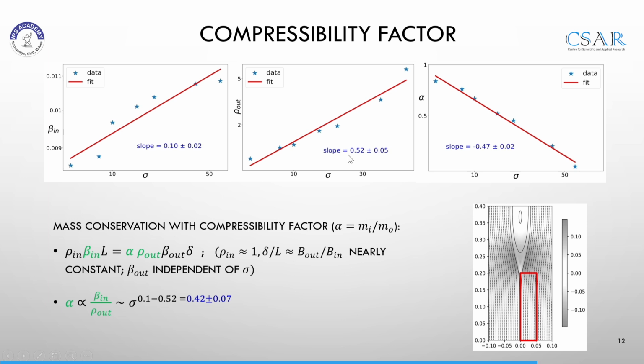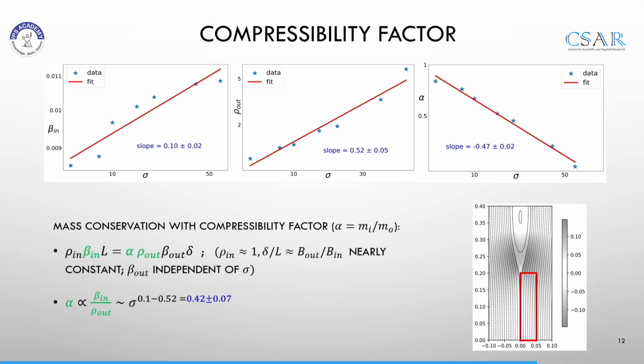So this is the magnetic island, and this is the domain we choose, which is free from the island, to look into the inflow mass and the outflow mass. By introducing this alpha factor, and for our simulation, our rho_in is equal to 1 throughout the simulation. Delta by L is nearly equal to B_out by B_in, which is constant. And beta_out, which is the outflow velocity, is independent of sigma, so it does not vary with magnetization. So what we obtained is a scaling of alpha proportional to beta_in by rho_out.